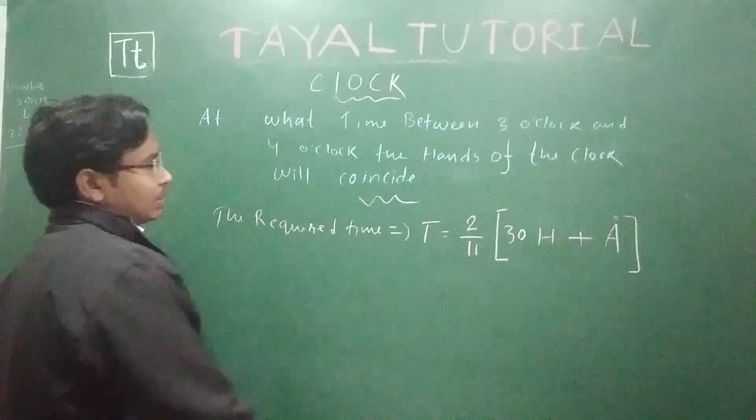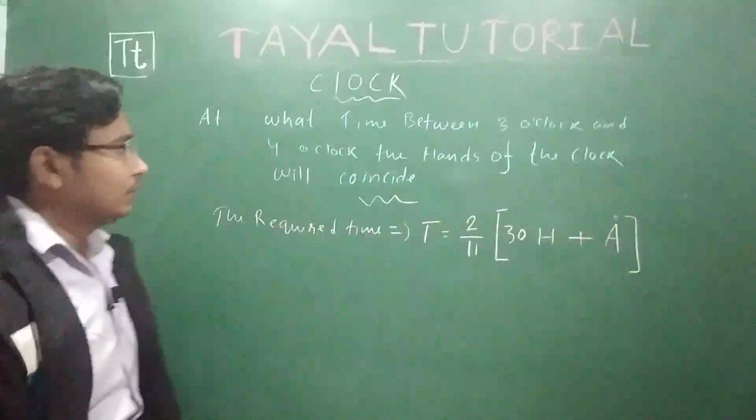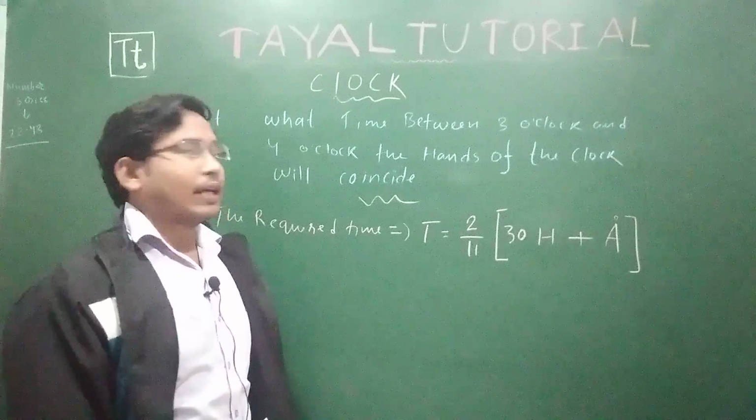So T is equal to 2 by 11 into (30h plus A).